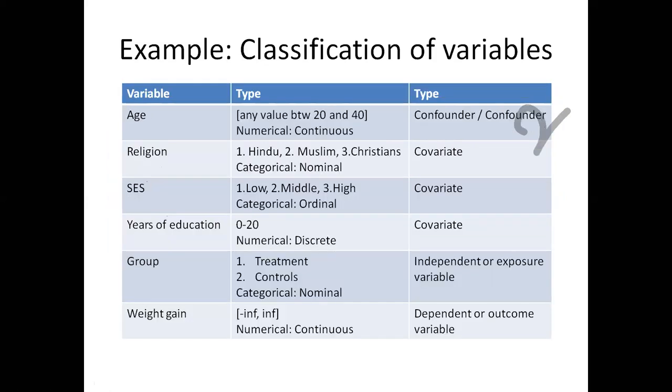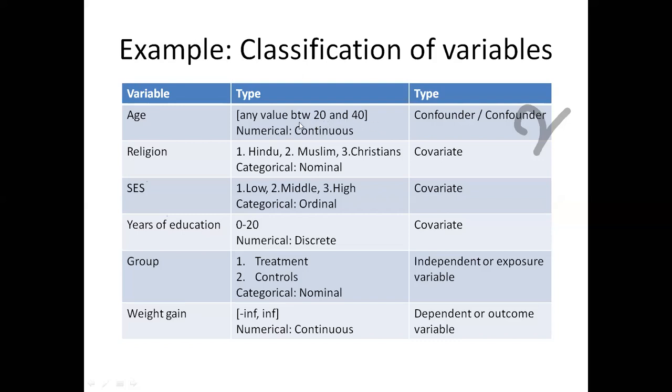So this is how it would probably go. Like you take age, as I said, you look at what values it can take, because it can take any value. Let's say for this hypothetical study, it's been set in such a way that anybody between the age group of 20 and 40 can be enrolled.